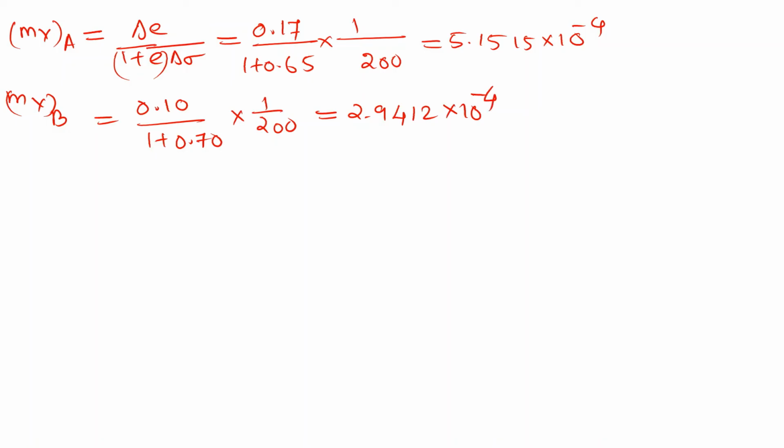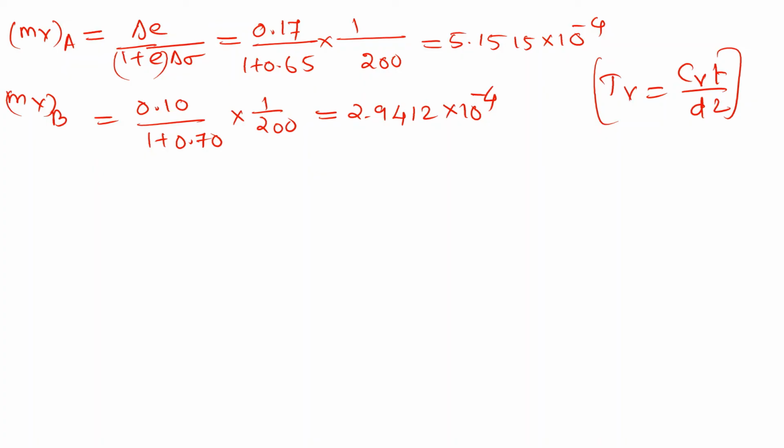Next, we need to find the coefficient of consolidation. We already know the relation between time factor and coefficient of consolidation: Tv is equal to Cv into t by d square. Here it is mentioned that both samples are at 40 percent degree of consolidation.